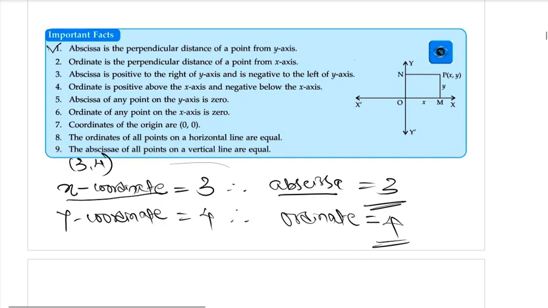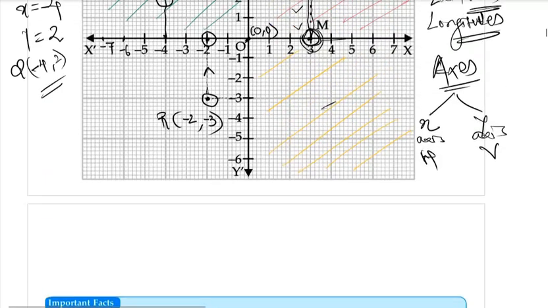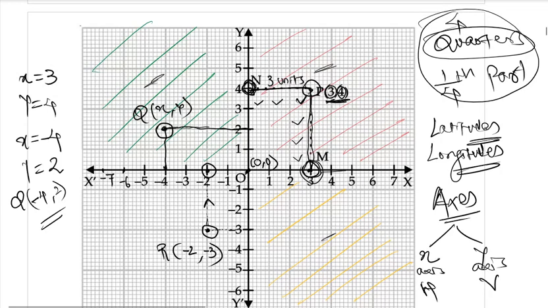Abscissa is positive to the right of the y-axis and negative to the left of it. Yes, we know that. As you go to the right side of the origin, the abscissa becomes positive, just like a number line. As you go towards the left side of the origin, the abscissa becomes negative, that is, the x coordinate becomes negative.